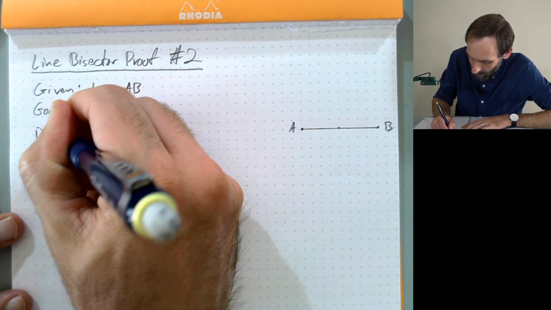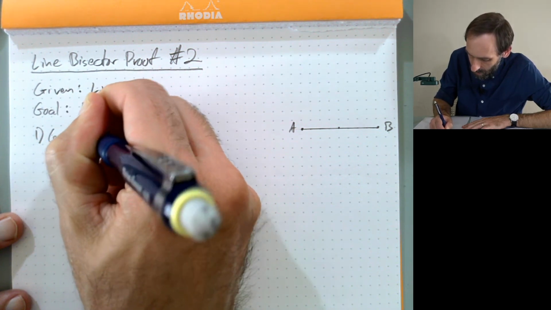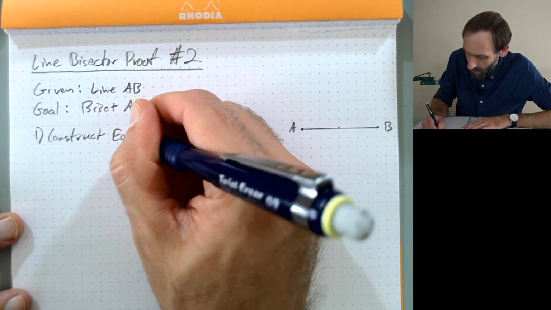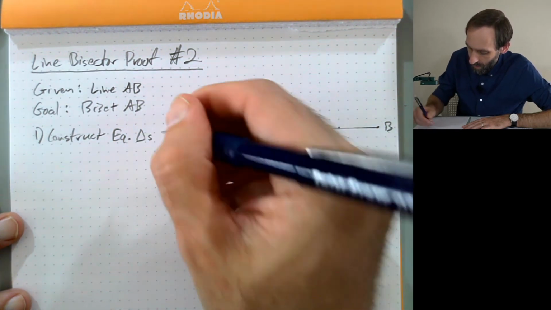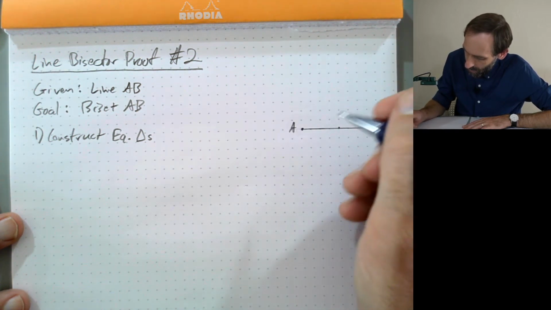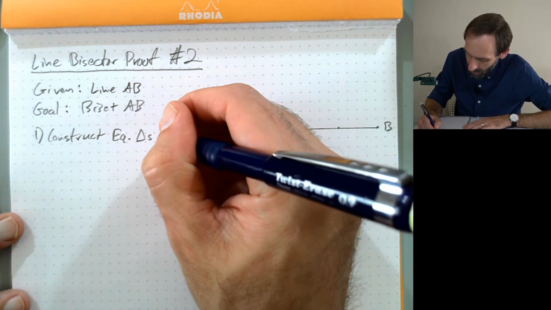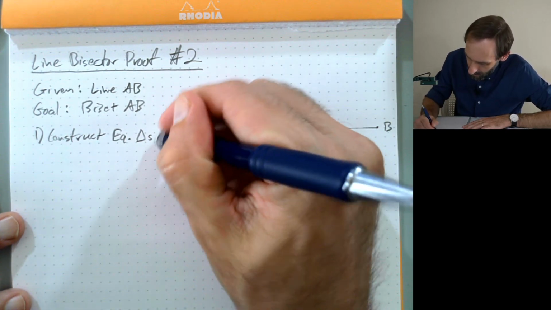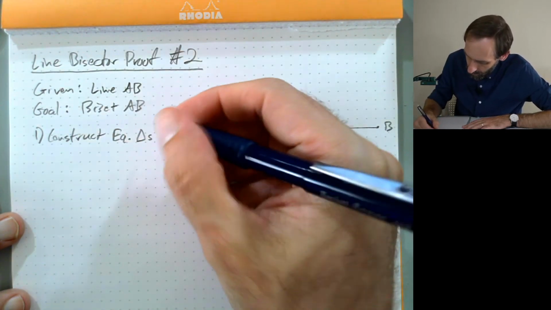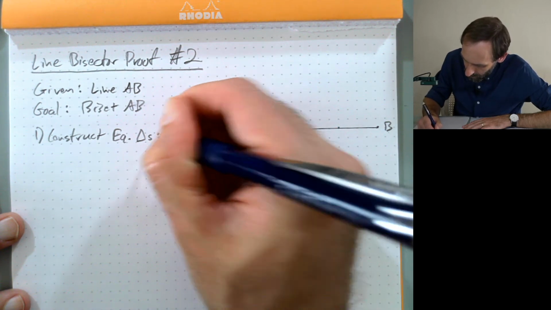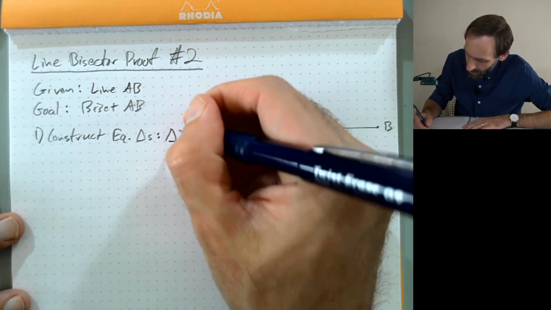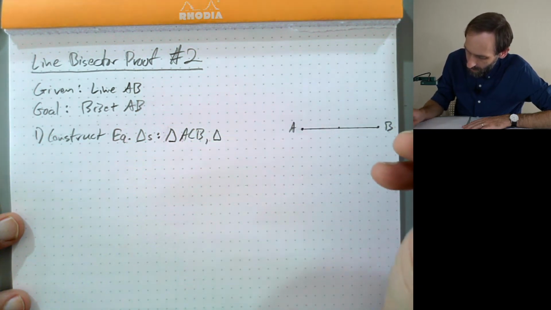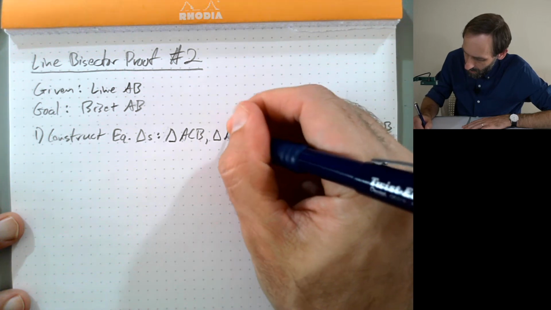So we construct equilateral triangles, plural, and these will be ACB and ADB. So triangle ACB and triangle ADB.